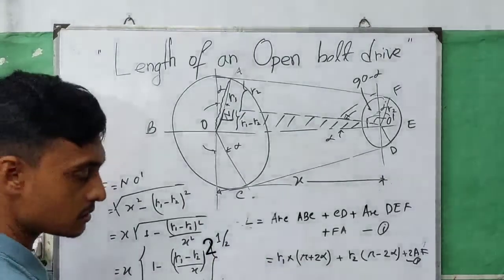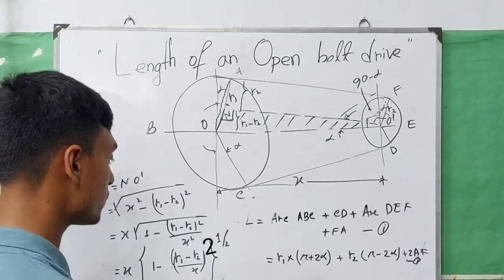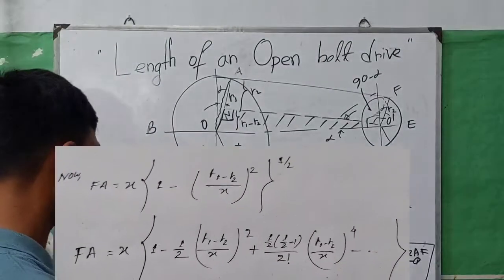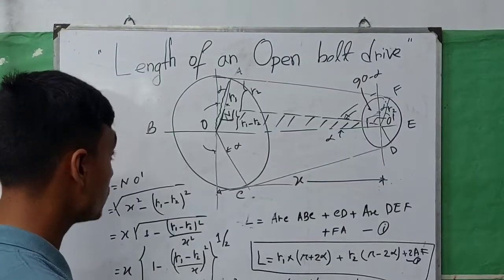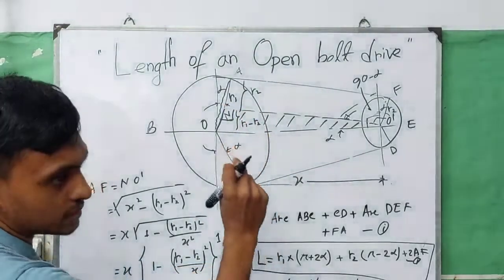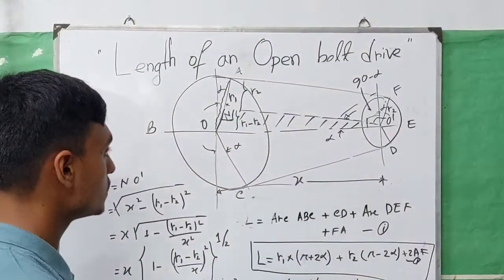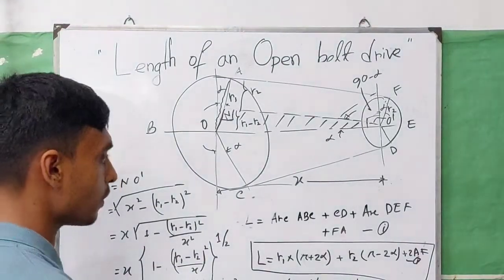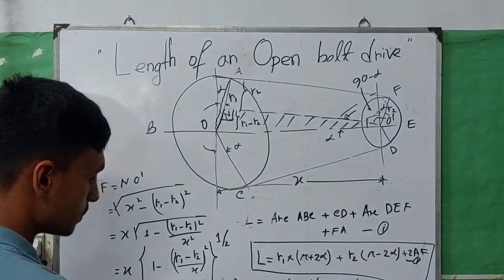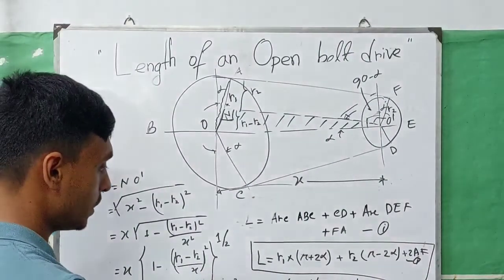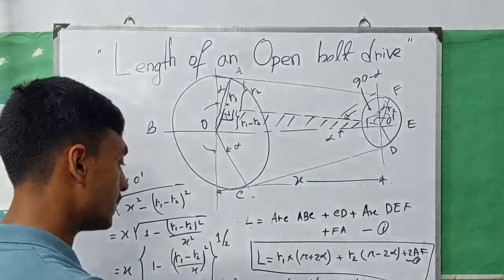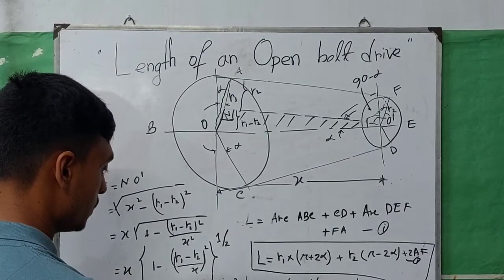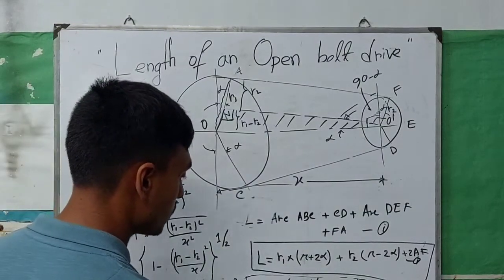If we expand this series by the binomial theorem, we see that R1 minus R2 is a very small distance as compared to x. So if we divide R1 minus R2 by x, the value is small, and if we square the value, that is also small, but if we raise it to a higher power, it is almost negligible. So we neglect the higher order terms after the square. So this is almost 0.